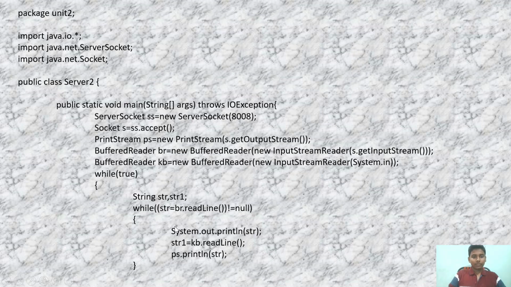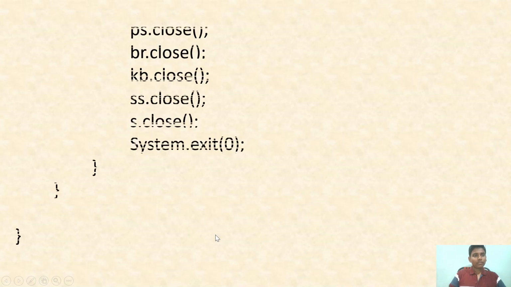When it's true, System prints the string. As soon as we complete our program, we should close the connections: ps.close, the other two BufferedReader streams, the ServerSocket and the Socket. Finally exit from the system.